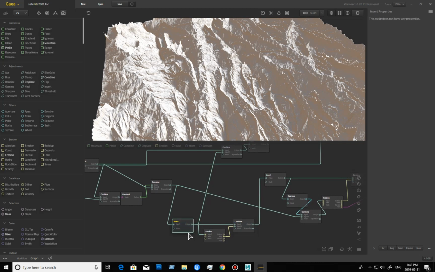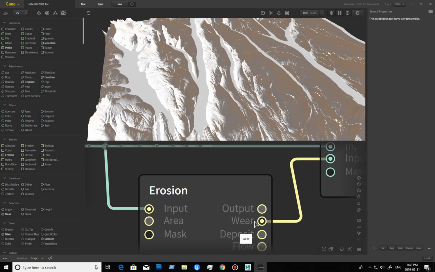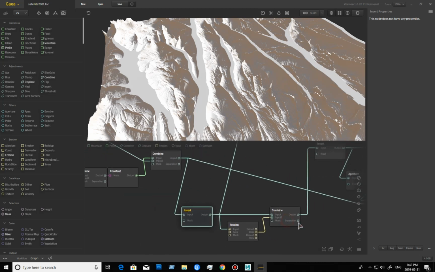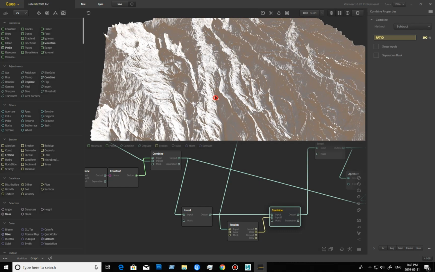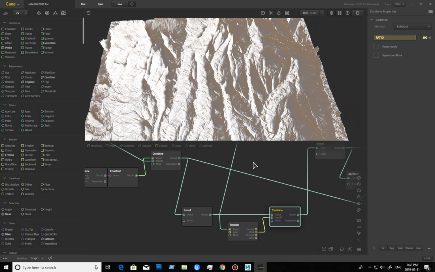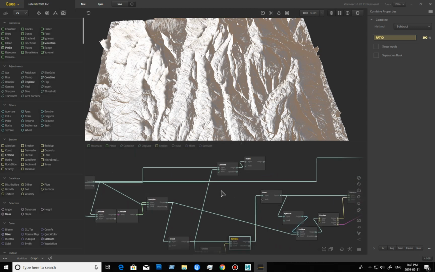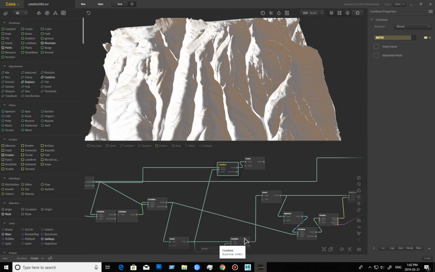What I did was I took the wear and subtracted it from this original shape. So yeah. So a lot more detailed than that, I think, right?